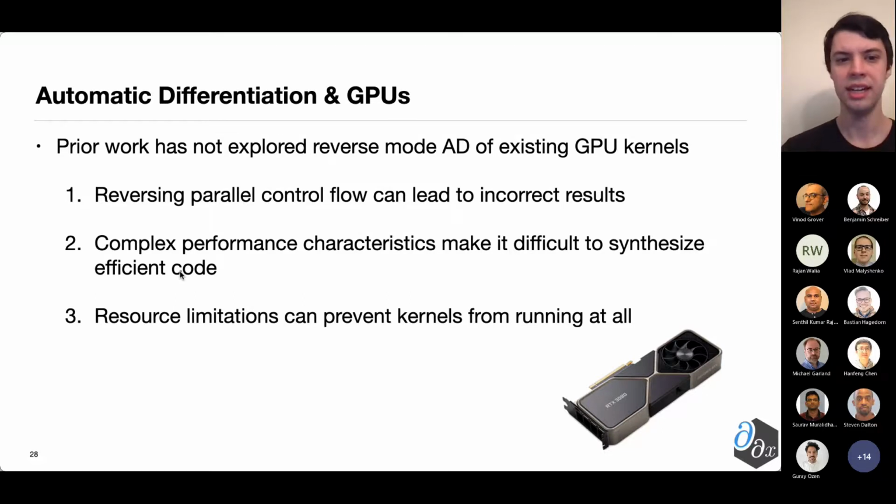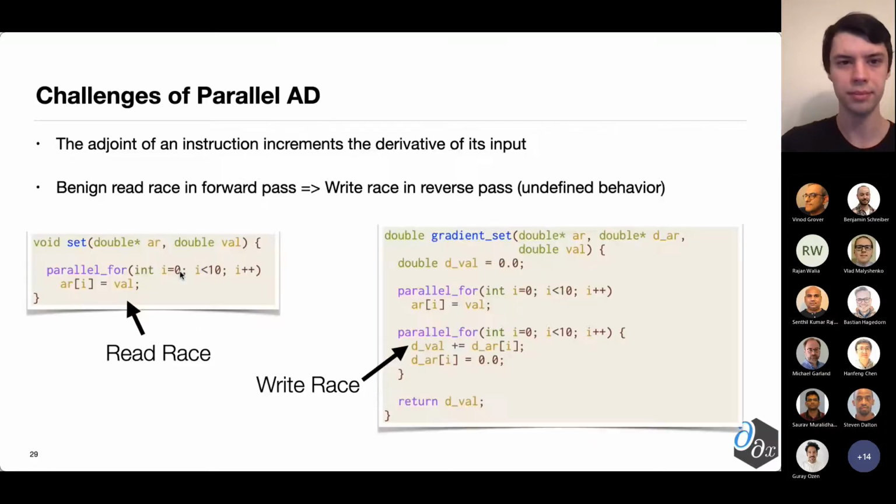The second reason is that the complex performance characteristics of the GPU itself make it difficult to synthesize efficient code, and moreover, specific resource limitations on the GPU can also prevent kernels from running at all. Happily, we're able to, through various methods that I'll immediately describe, resolve these 3 issues, making us the first tool to take generic GPU kernels and perform reverse mode automatic differentiation on them.